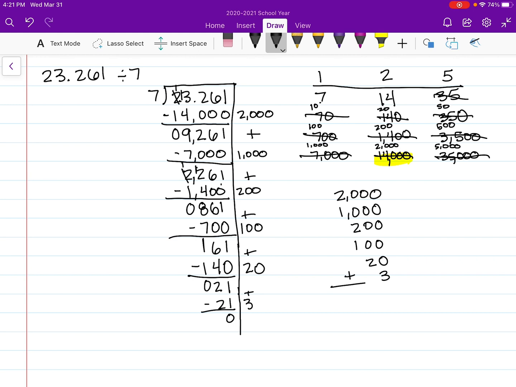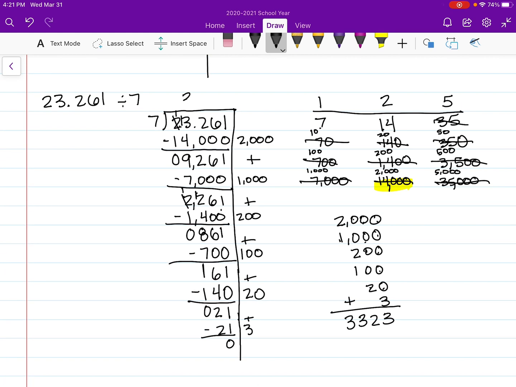All right, so I'm adding all of these numbers. So 0 plus 0 plus 0 plus 0 plus 0 plus 3 is 3. 0 plus 0 plus 0 plus 0 plus 2 is 2. 0 plus 0 plus 2 plus 1 is 3. And 2 plus 1 is 3 as well. So up on my answer line, I'm going to write 3, 3, 2, 3.